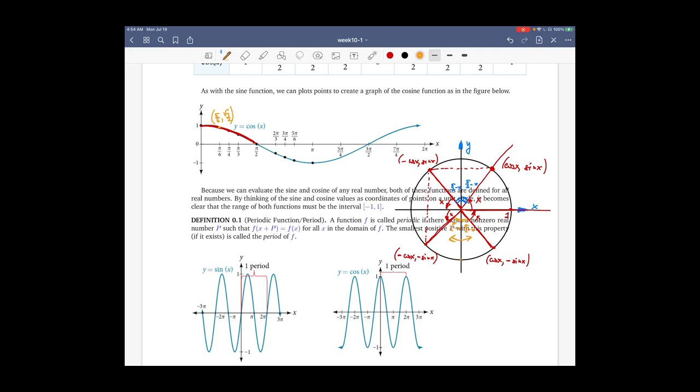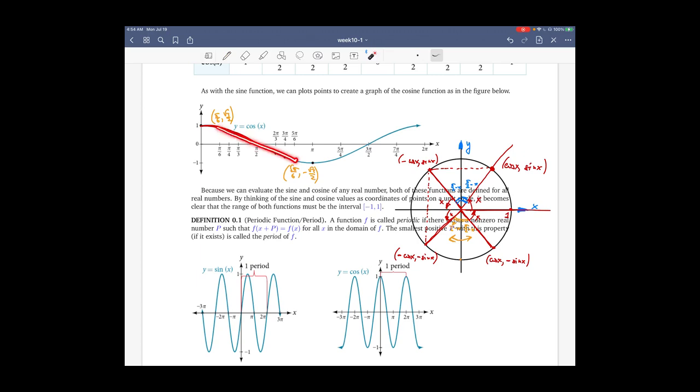The point symmetric about the point (pi over 2, 0) to this point will also be on the graph of cosine x. And of course that point will be 5 pi over 6, negative root 3 over 2. You can check. This point and this point are symmetric about the point (pi over 2, 0).